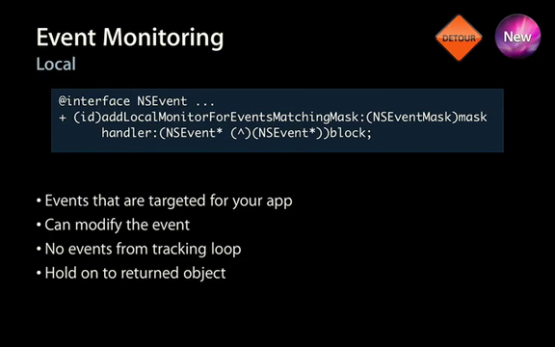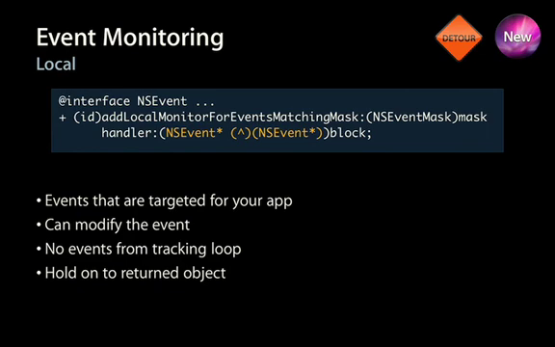So let's look at this in a little bit more detail. I want to point out again that the local monitor and the global monitor are a new API in Snow Leopard. And this is what the API looks like for a local monitor. It's a class method on NSEvent. So you just call addLocalMonitorForEventsMatchingMask, and you pass it a block as a handler.